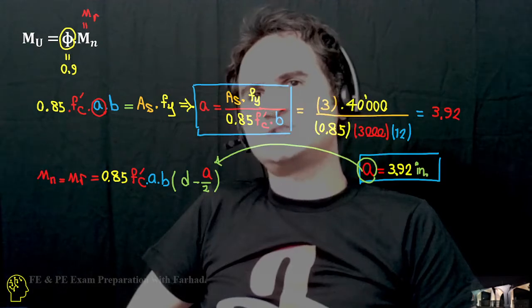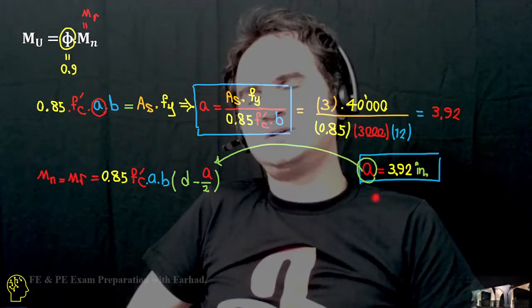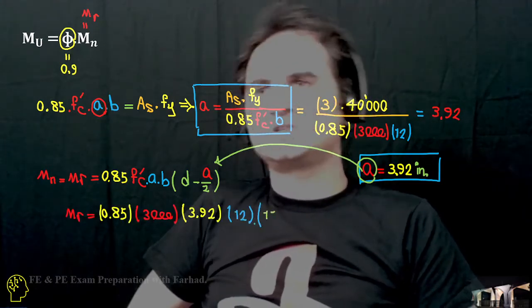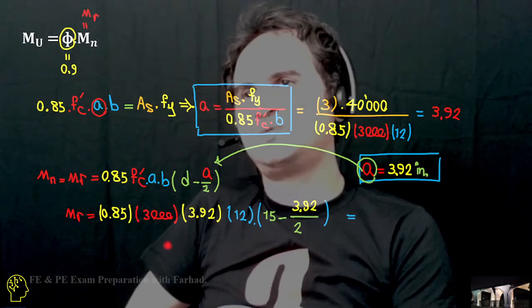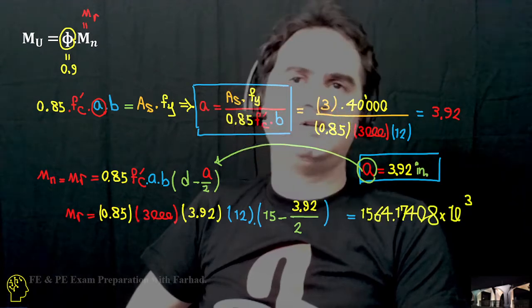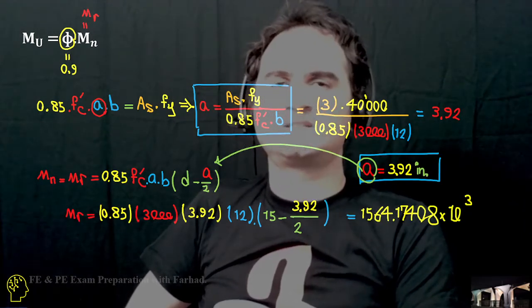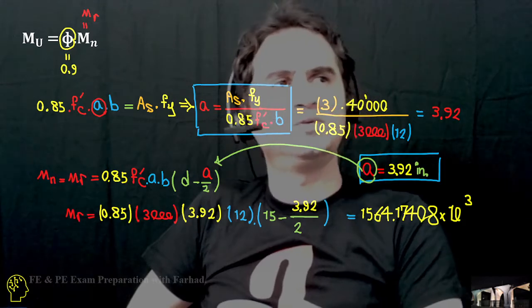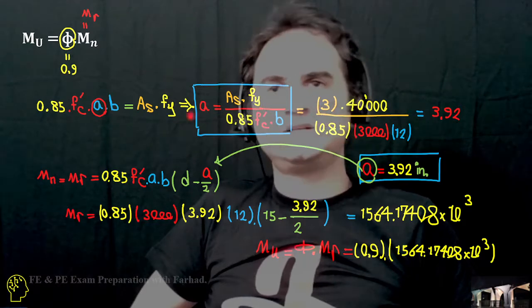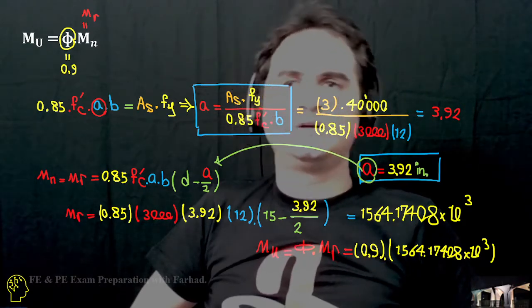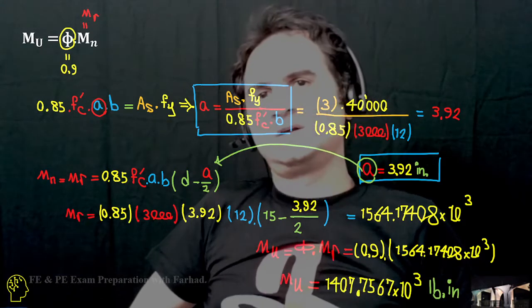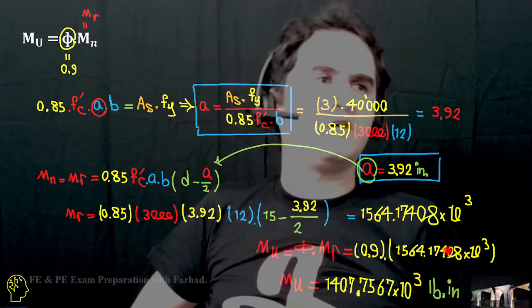If you replace a, which we calculated, in the main formula of the nominal moment and solve it, it gives you almost 1564.70 times 10 cubed. Mu is 90% of that, since there is a reduction factor here, which gives the ultimate moment in pound-inches.